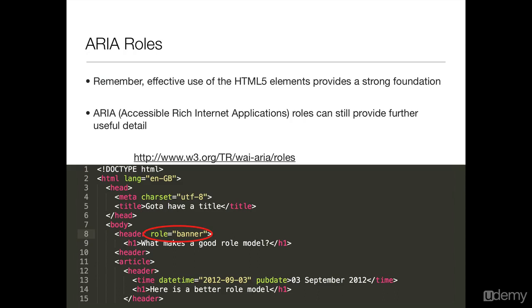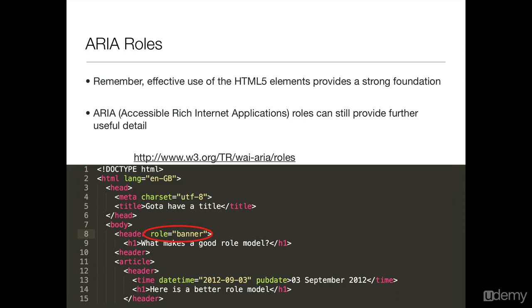But here's an example where one of the ARIA roles can be useful for any assistive technology. If you remember back to the lecture on structuring documents, we can have several headers in a document. Here we've got some nesting of headers. Any article or section can also have a header, as well as the main page.